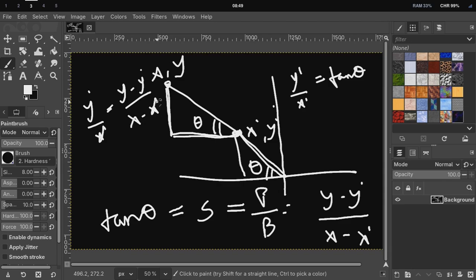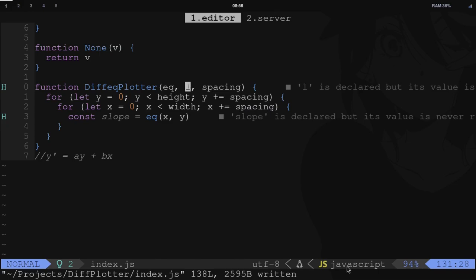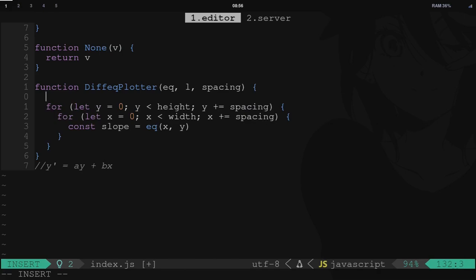So let's just solve quickly. After a bit of solving, we get the final position of the arrow to be given by, for the x coordinate, x minus l divided by square root of 1 plus slope square, and y is given by y minus slope times length divided by square root of 1 plus slope square, not scope, it's slope.